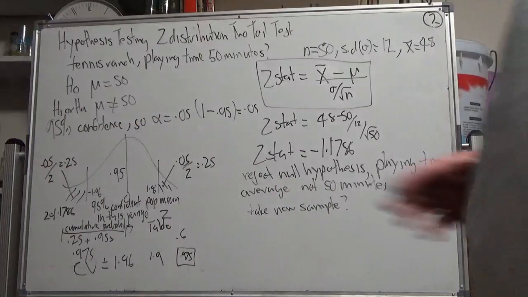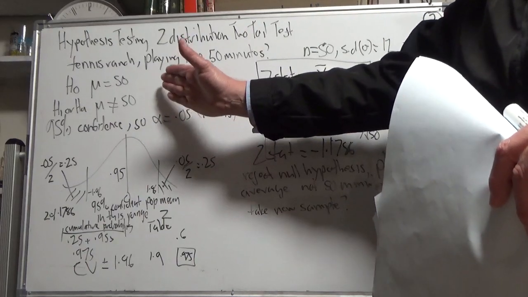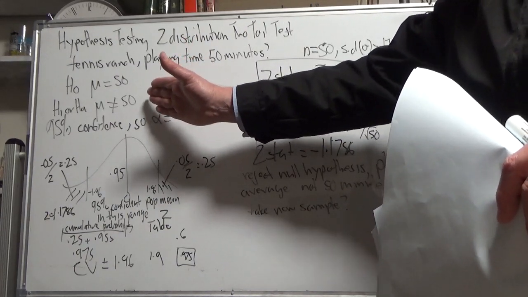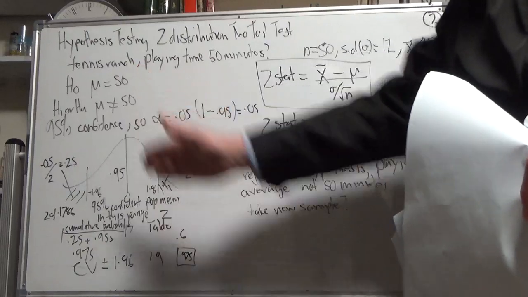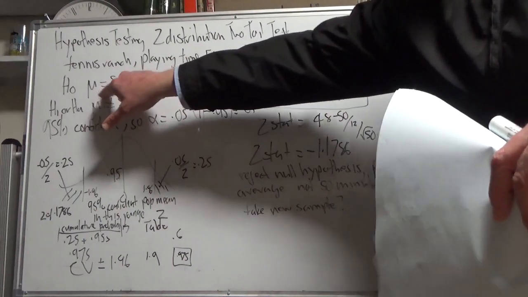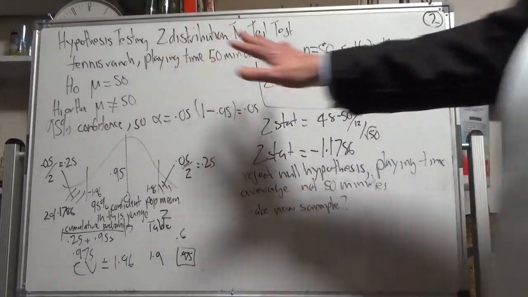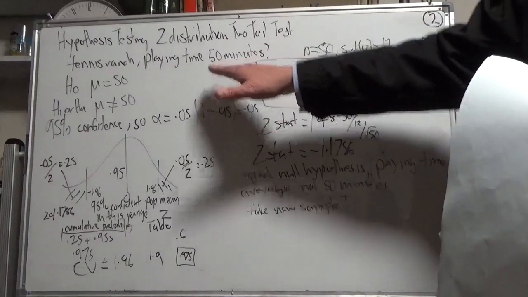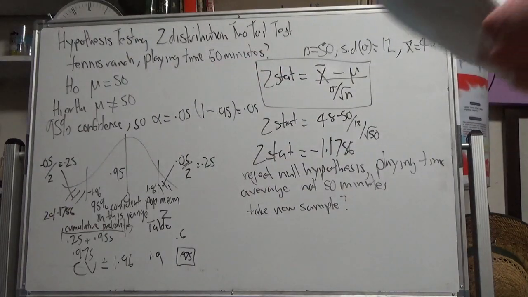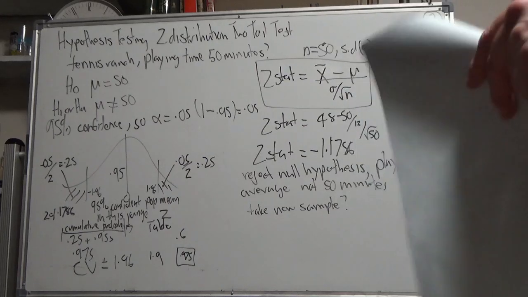So we don't really know the population mean, but in a sample we have to consider that 50 minutes as the population mean, because we're testing it. We're testing to see if that's the case, and if it's not, we can reject that notion that the playing time is 50 minutes. So it's just going over the page.